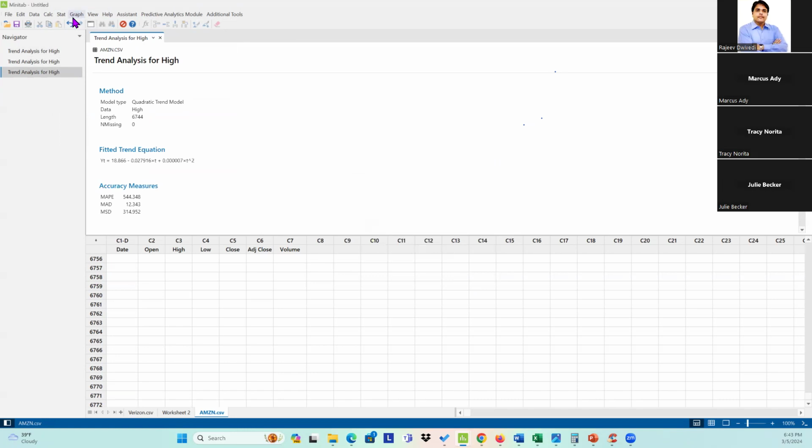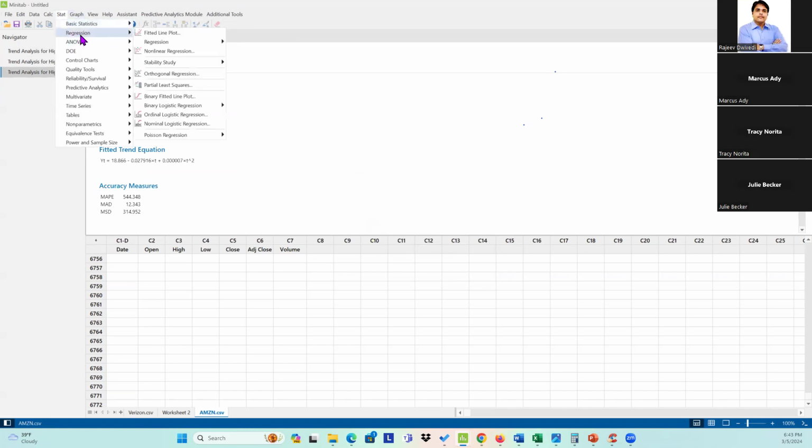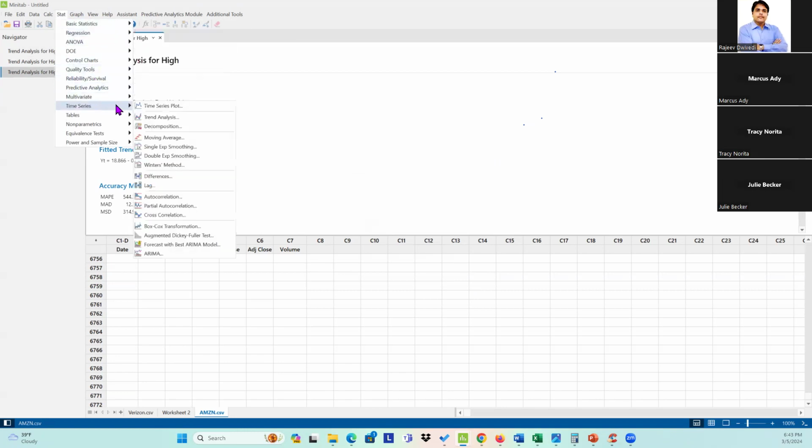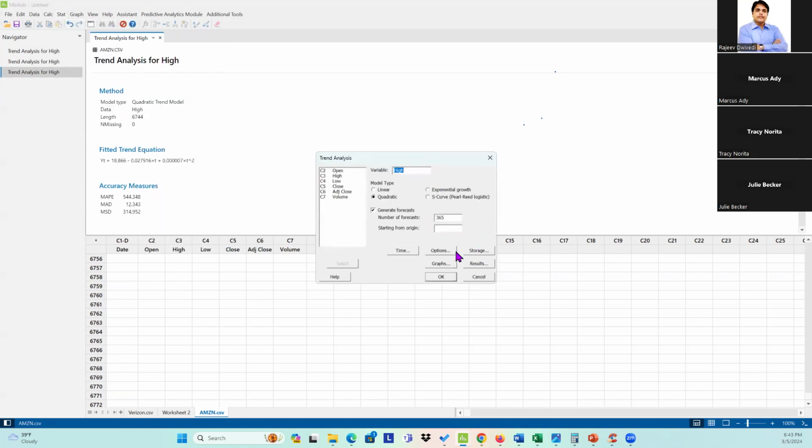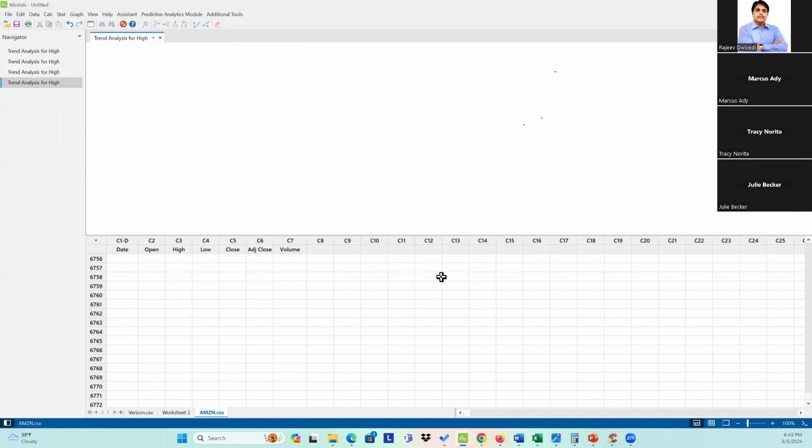And the fourth one I do is S-curve. So we have these four trends, and I have done all of them one by one. Now you have to see which one is going to be the best one.